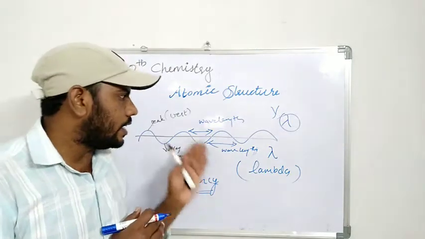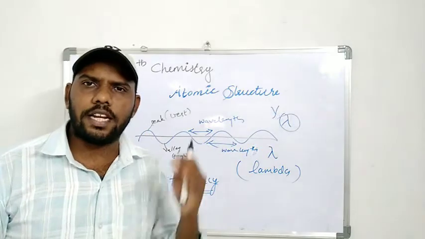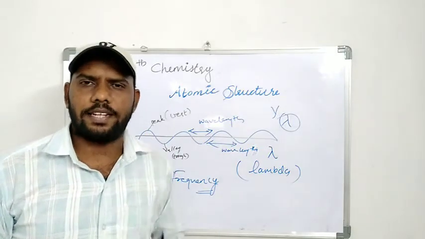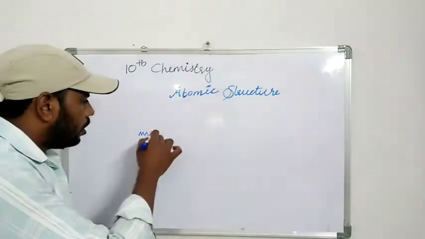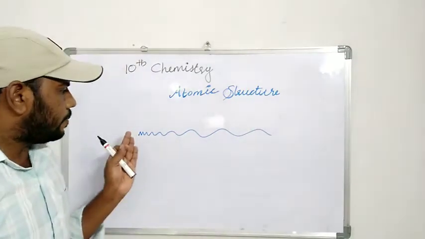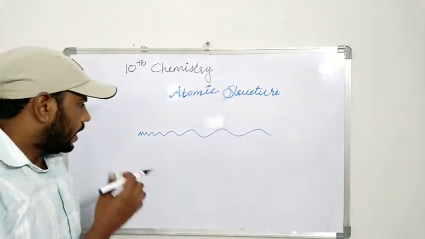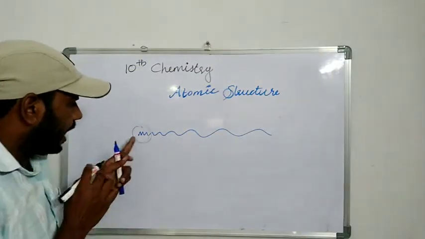So just look at what differences we can find between wavelength and frequency. Children, I am drawing here, observe carefully. In this picture we can observe that here I made a very high vibration.